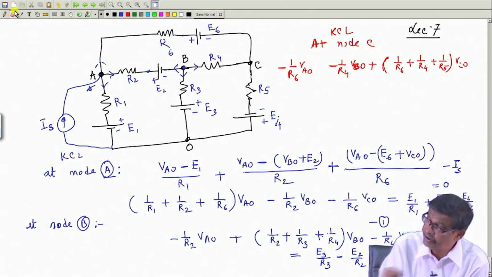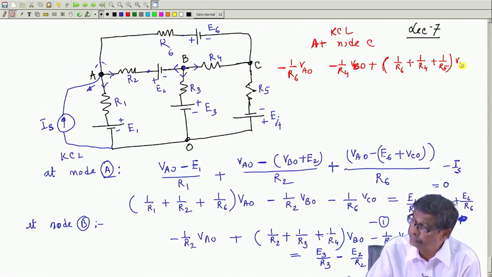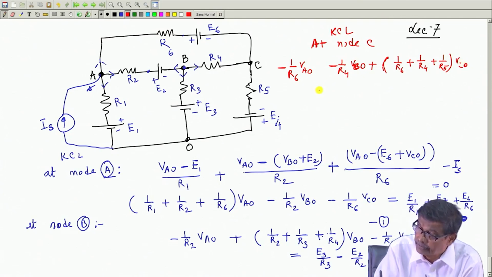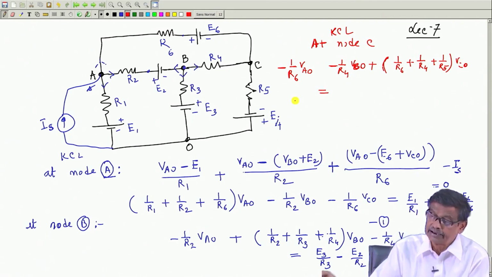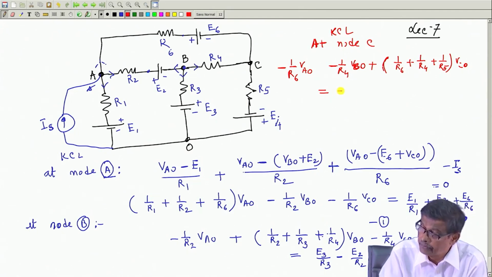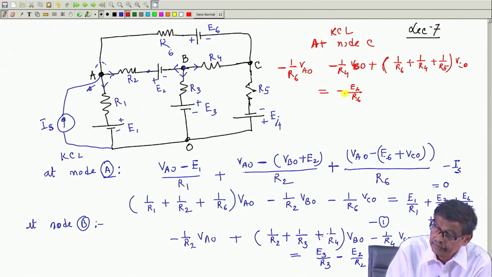And this will be equal to, this is VC 0. This will be equal to the right hand side sources. So, at C 0 there is E 6 by R 6 that will appear, but negative is connected to C. So, it should be minus E 6 by R 6, this will be the current.